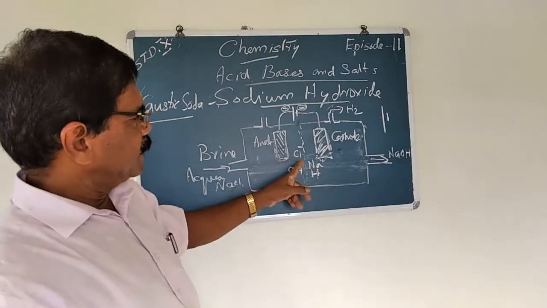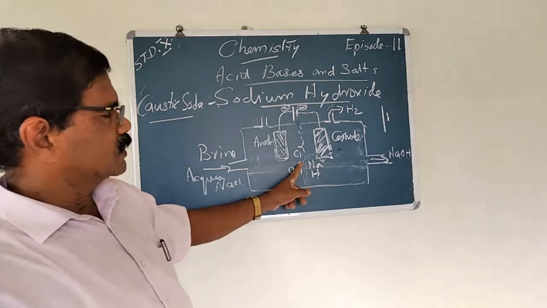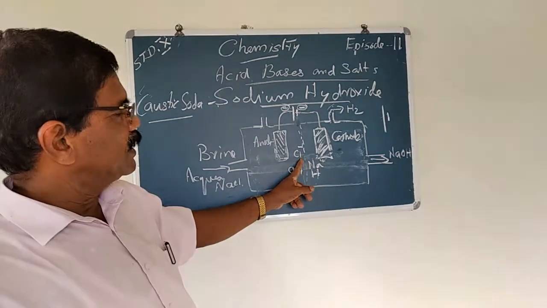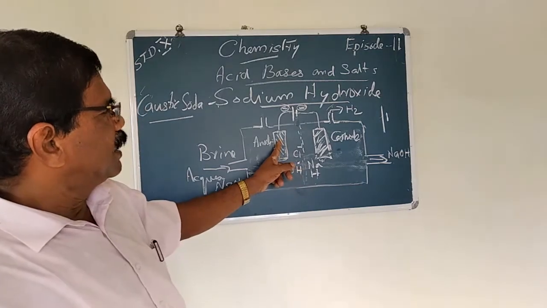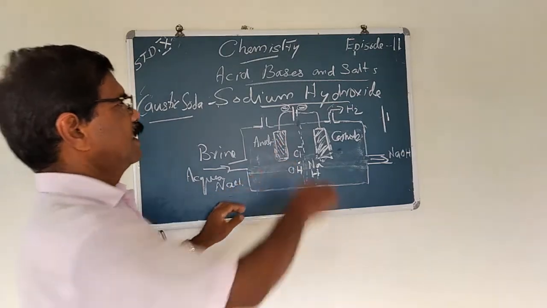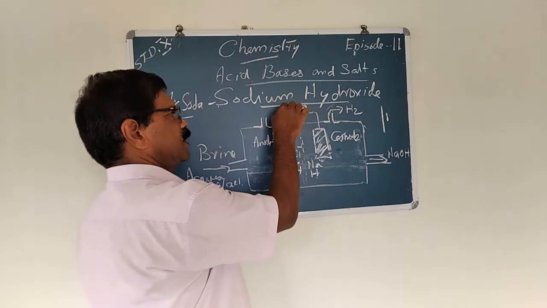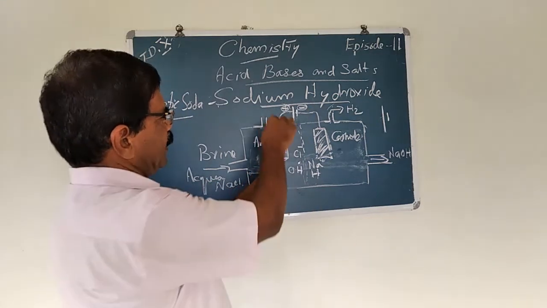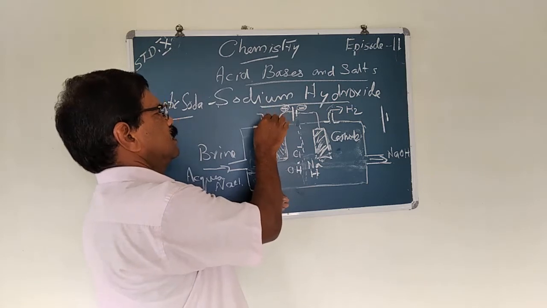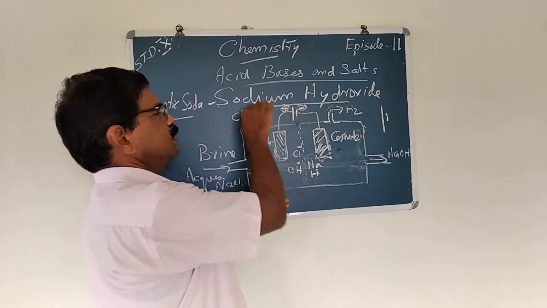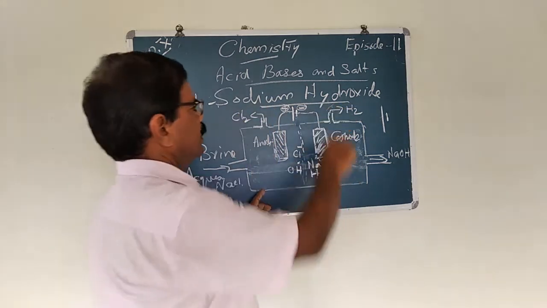At the same time, chloride and hydroxide ions, being negatively charged, move towards the positive electrode, the anode. Chlorine goes outside through this exit.